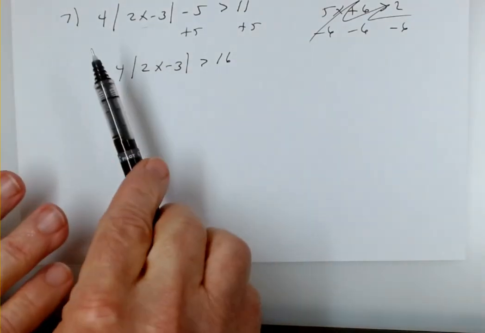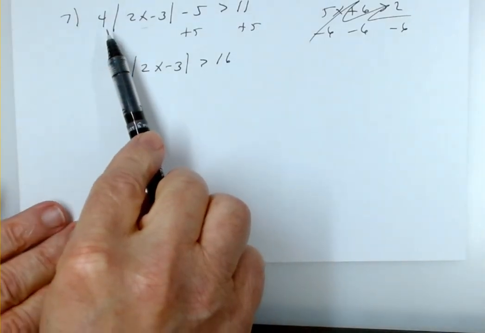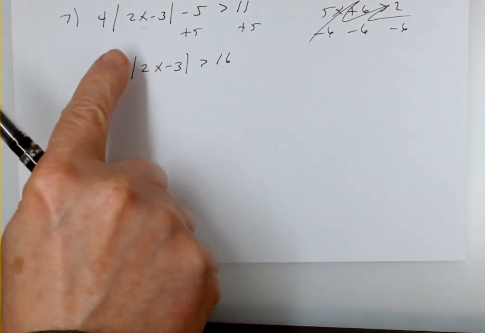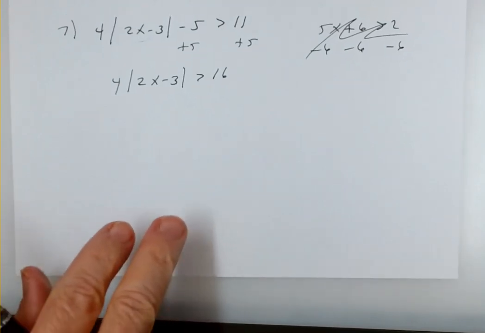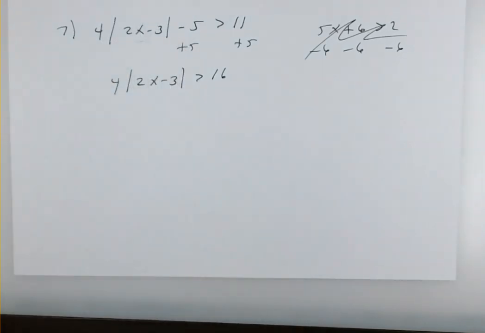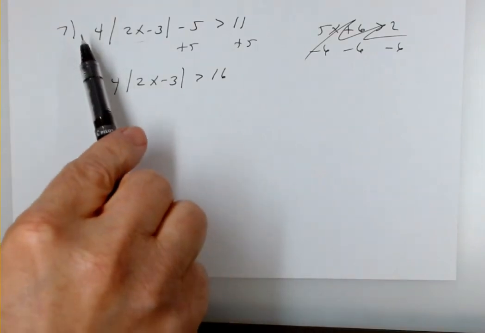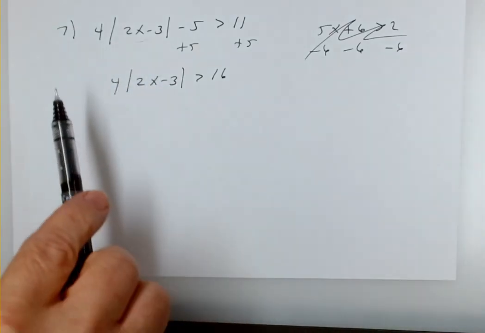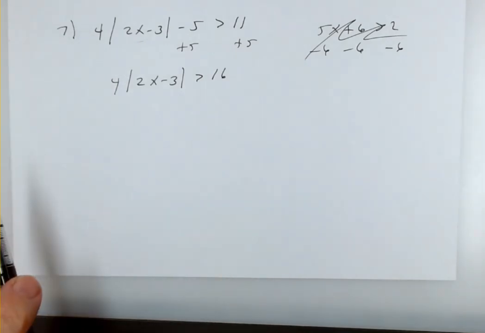Be careful because the absolute value bars are not parentheses. If that was parentheses, then you would distribute. But that's an operation: I'm taking the absolute value of some expression. If you did distribute, it would still be fine, but if that was a -4, you need to be careful.